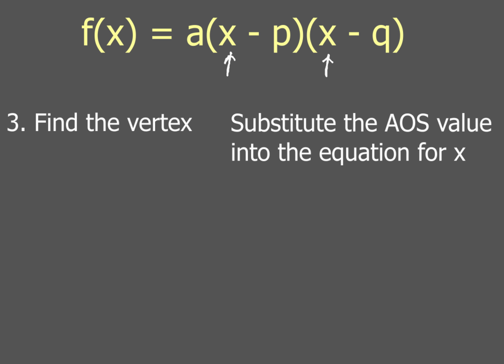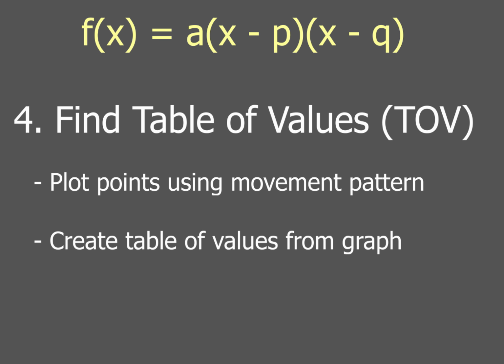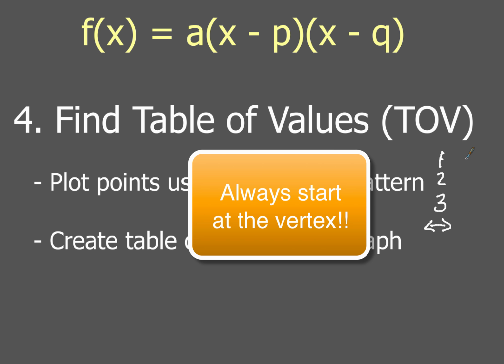Now, once we get the vertex, the next thing that we're going to do is find the table of values. We're going to get that from the movement pattern. And again, that movement pattern is going to be 1, 2, 3, and that's going to be our left and right movements. Then our up and down movements are going to go with the squares of each of those numbers, 1, 4, and 9.